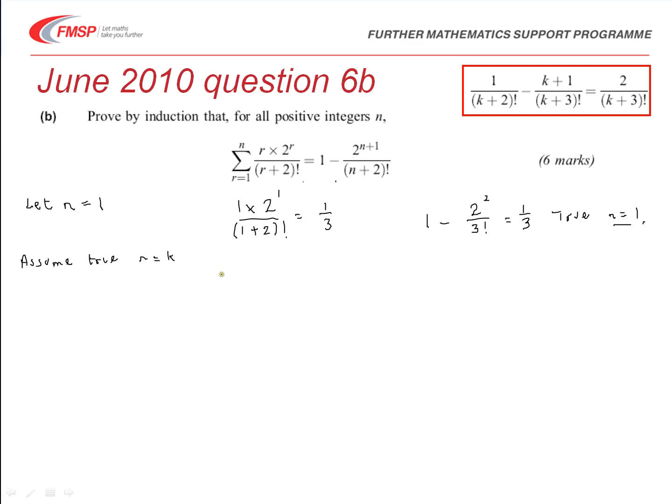In other words, what we are saying is that the sum from r equals 1 to k of r times 2 to the r over r plus 2 factorial is equal to 1 minus 2 to the k plus 1, because remember we've set n as being equal to k, over k plus 2 factorial.